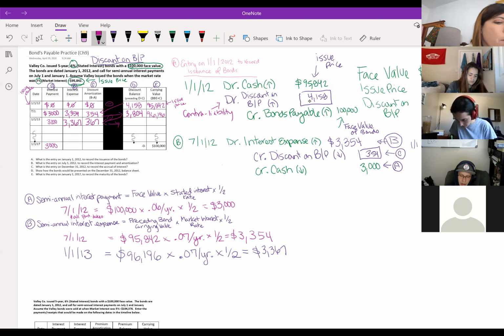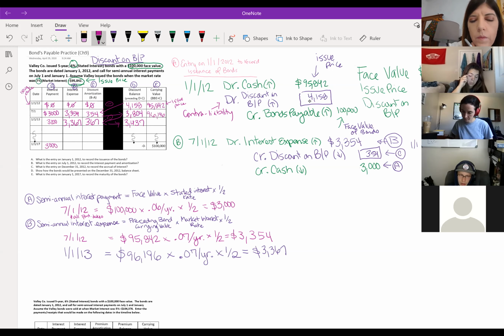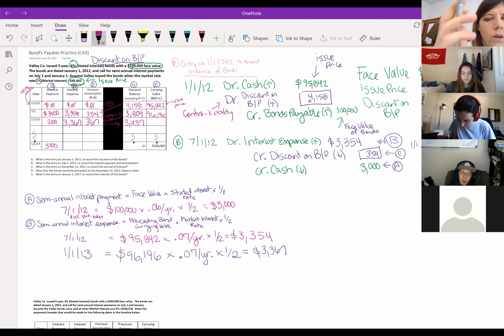And my new discount balance is what? 3,437. Correct. And what happens to my carrying value? We add 367. It's going to increase. So 96,196 plus the 367 gives me a new bond carrying value of 96,563.